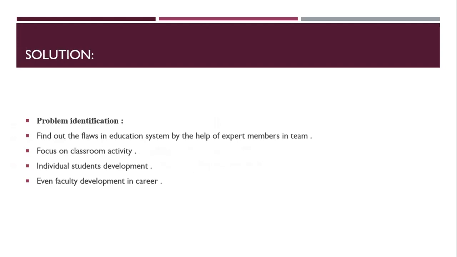So, change the method of teaching by conducting a lot of value-based activity techniques instead of a lecture, theory-based classroom environment. Next, try to develop individual students through activity-based learning like technical quiz, role play, group discussion like that.